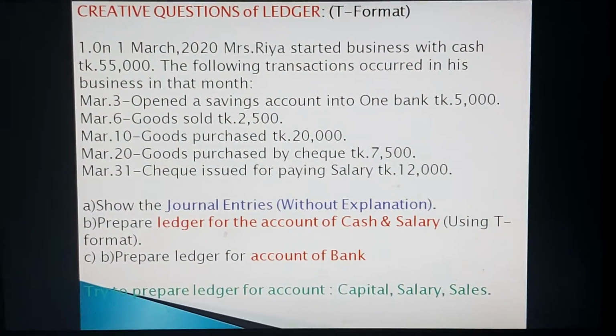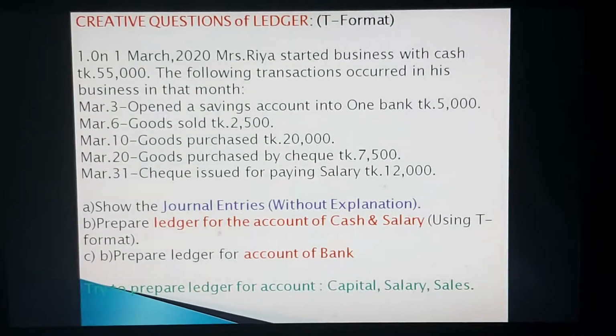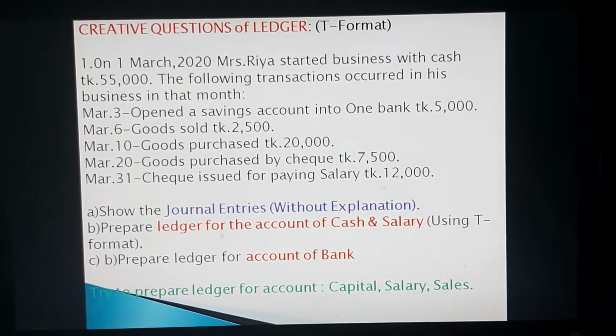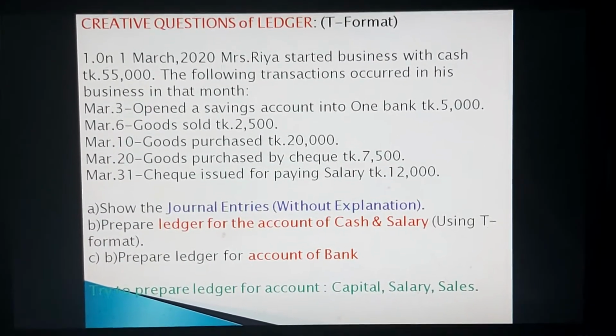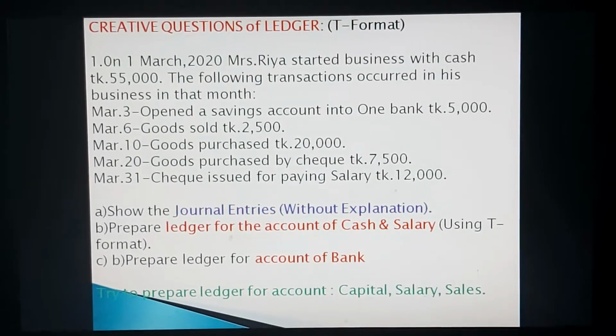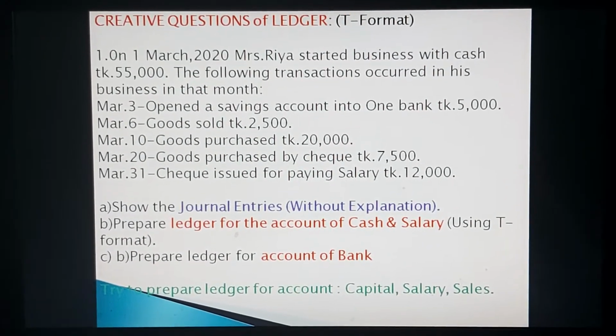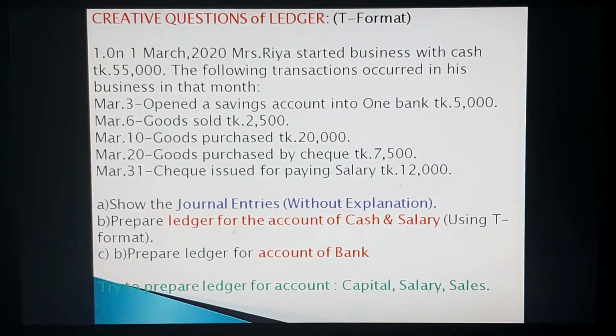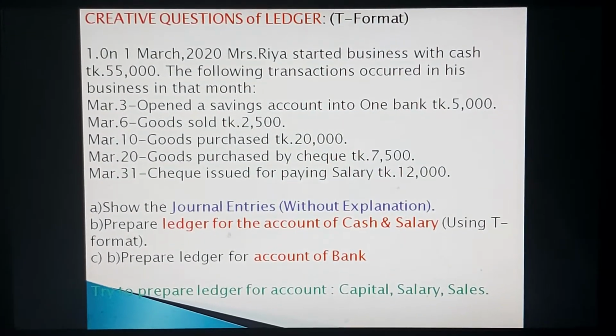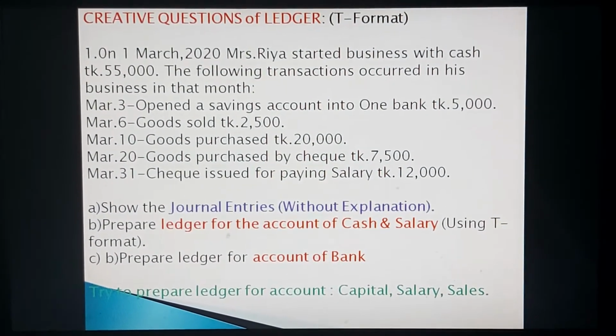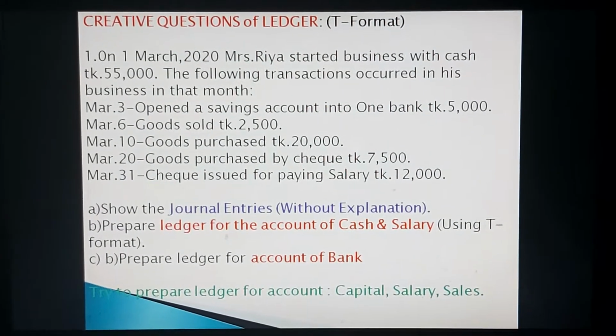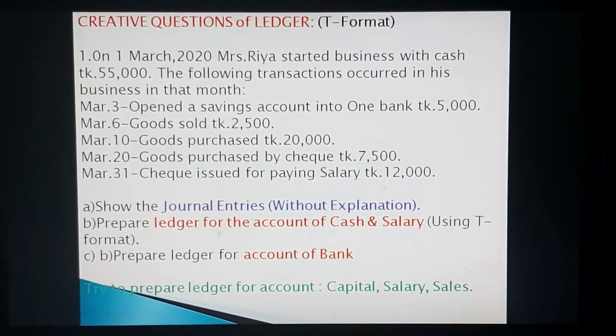Again, March 6 goods sold. Goods sold without information, goods sold occurred in cash. In this transaction, two accounts are involved. Cash account, another one sales account. Now you can write for journalizing cash account debit, sales account credit for taka 2,500. March 10 goods purchased taka 20,000.